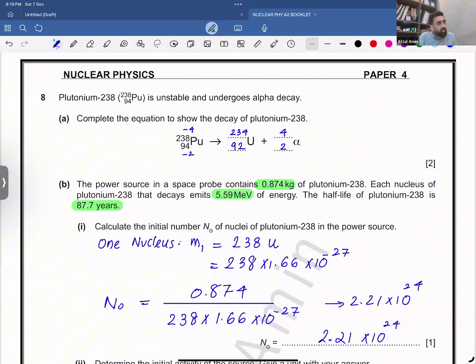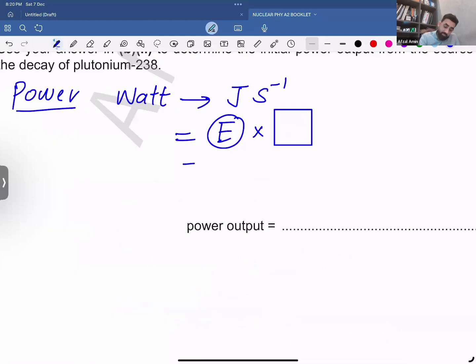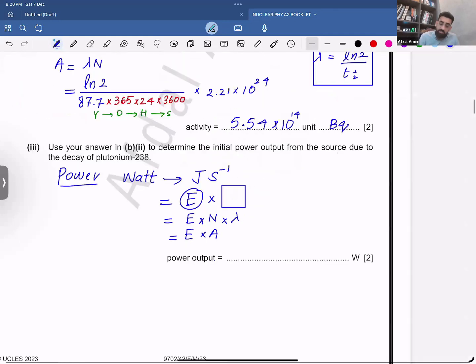Then you multiply by the total number of nuclei, and per second means lambda. So energy times number of nuclei times lambda. Now, how can I use the answer? What is N times lambda? It is activity. So energy times activity is the power. I just proved it for you. Just substitute and you get the answer.